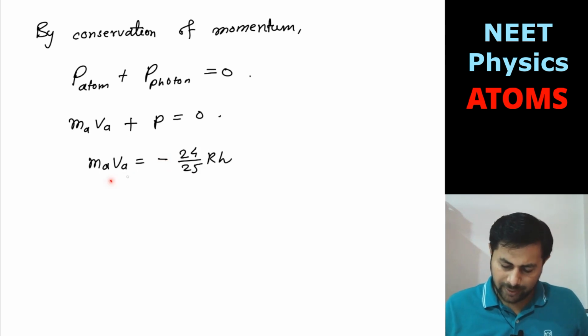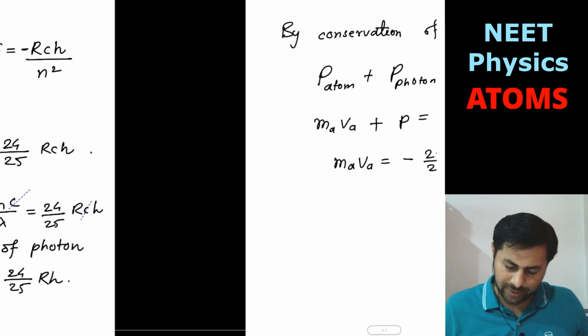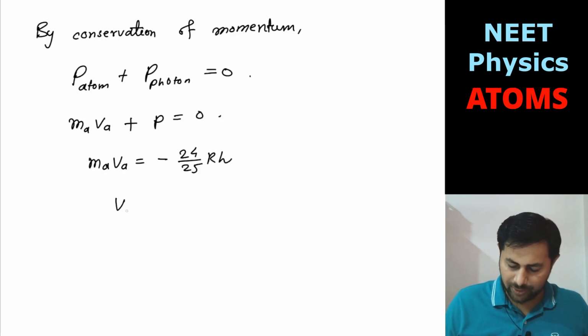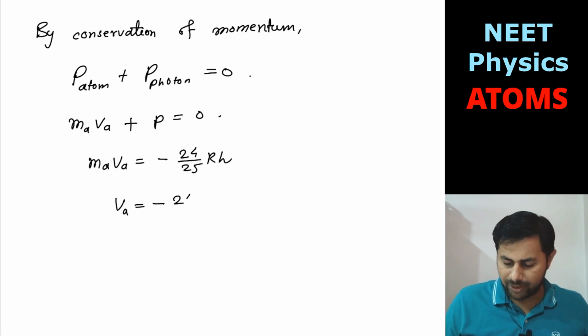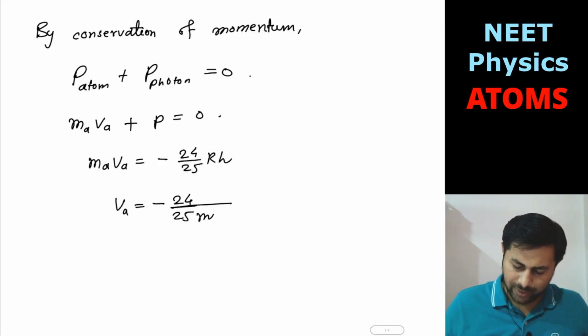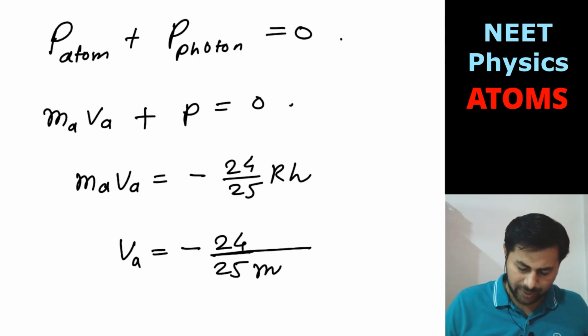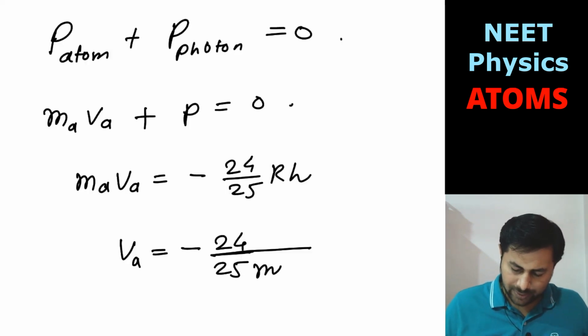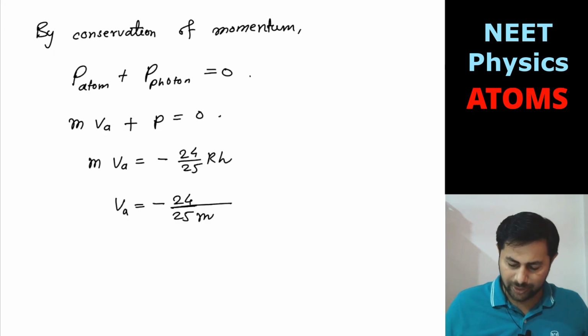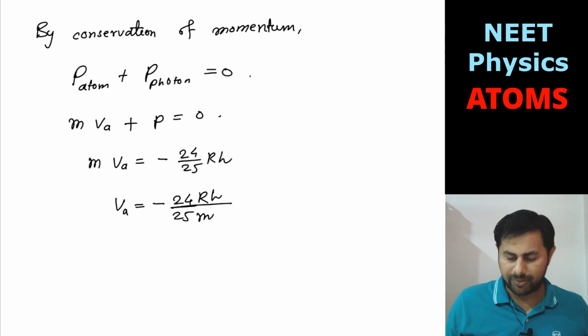So then just move mass of atom on that side. Mass of atom is m, so m will go in the denominator, so you get velocity of atom is equal to minus 24 by 25 times RH by m.